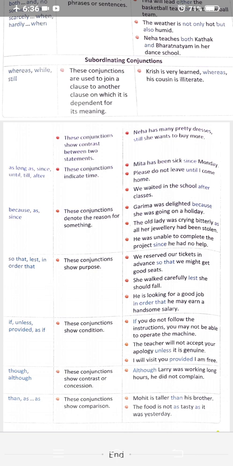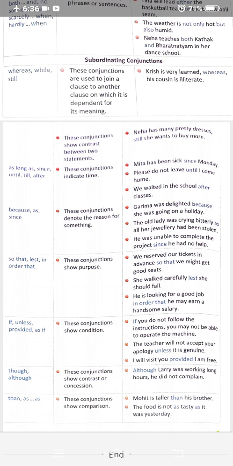The next we have the conjunctions because, as, since. These conjunctions denote the reason for something. You can also use the word since for the reason for something. I'll give you an example.